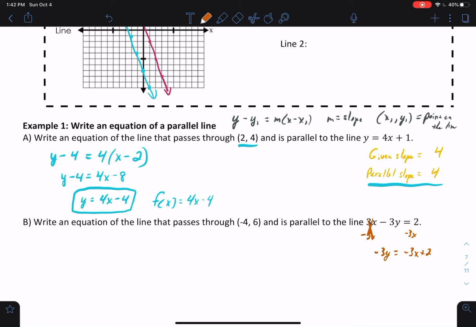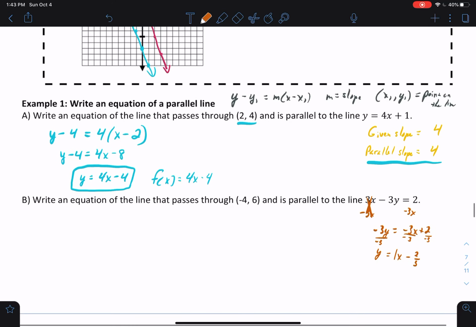I'm going to divide everything by negative 3, and I'll get y equals 1x, or just x, minus 2/3. So my given slope is 1, and my parallel slope is also going to be 1.